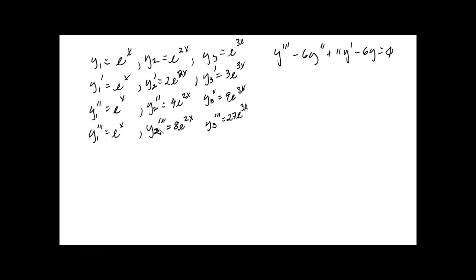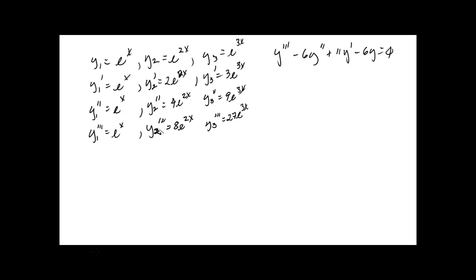Now the hard one. 27 minus 54 would be minus 27, plus 33 would be plus 6, minus 6, 0. I hope I did that right. I think I did. Yes, we verified it. Those are three solutions.